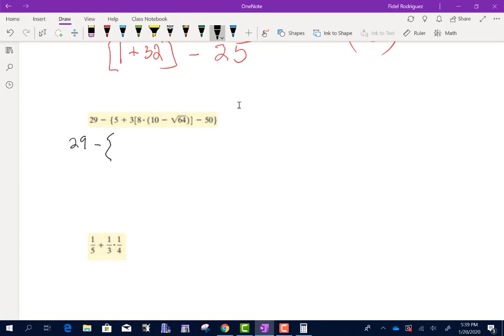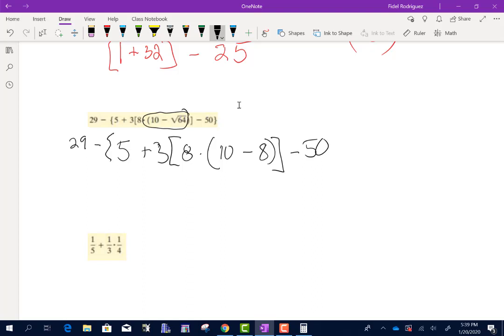Minus. Remember, we have to work our way from the inside out. So I'm going to leave this 5 alone. I'm going to leave this 3 alone. 8 times. Now, inside here, I can't subtract those until I take the square root of 64. So that's going to be 10 minus the square root of 64 is 8. Minus 50.